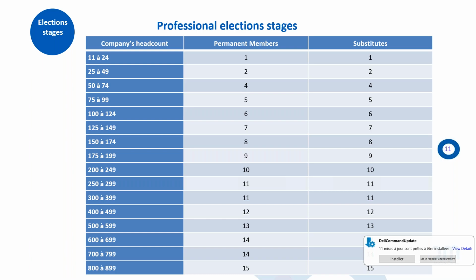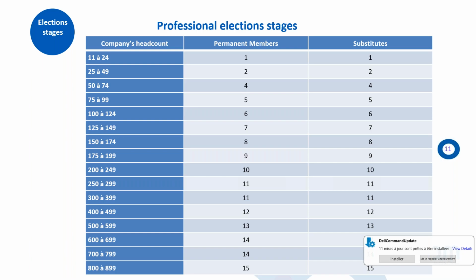As you see, the table in front of you shows only until 900 employees, but this table actually goes up until 10,000 employees. So you have a lot more.